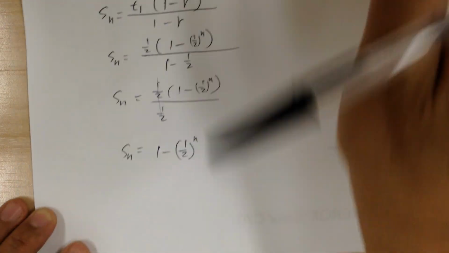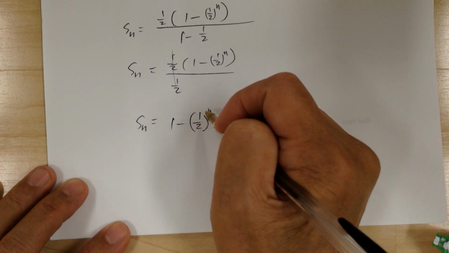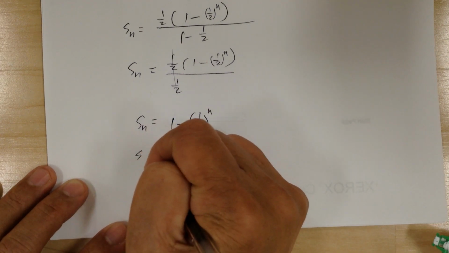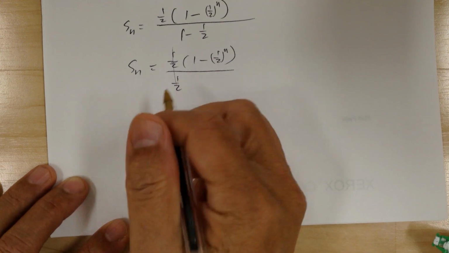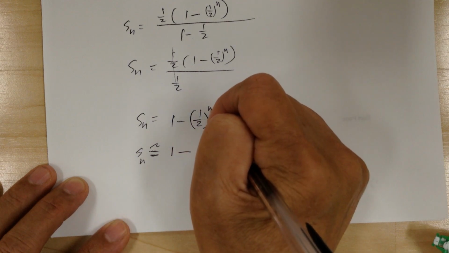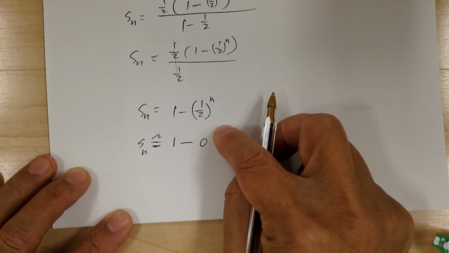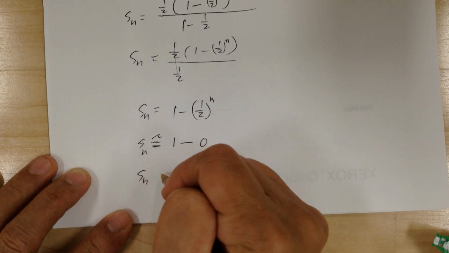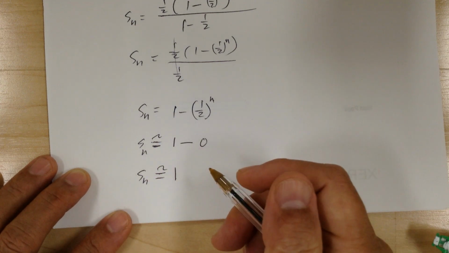If you go to infinity, this will approach 0. So when n becomes really large, Sn will approximately equal 1.